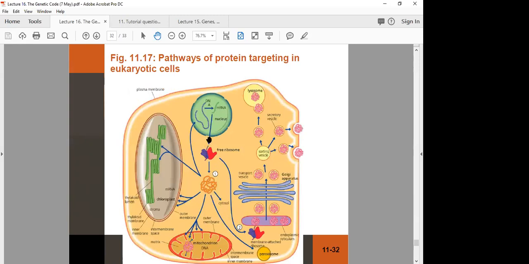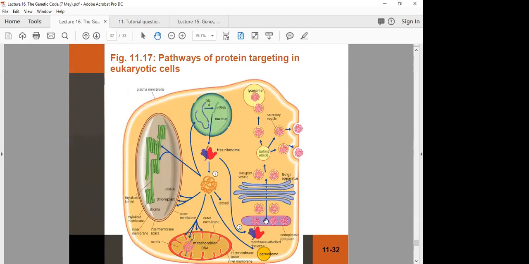Let's go back to our messenger RNA molecule. Rather than being translated by a free ribosome, that messenger RNA molecule may be bound by a ribosome that's attached to the rough endoplasmic reticulum. So when translation occurs, that polypeptide is transported directly into the lumen of the endoplasmic reticulum.